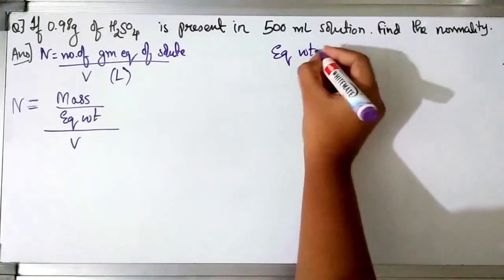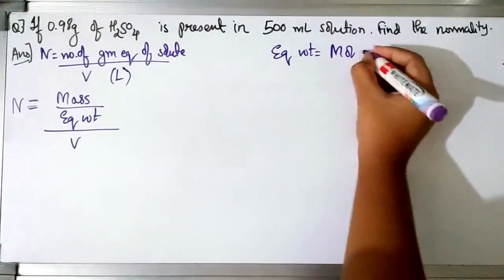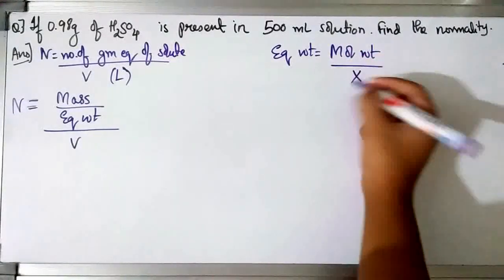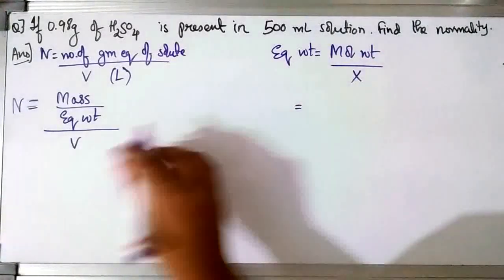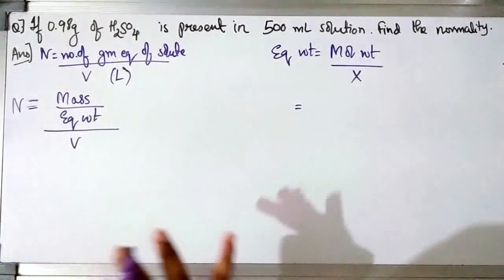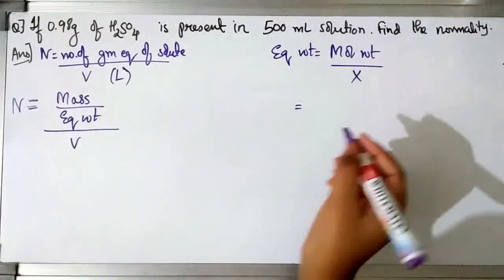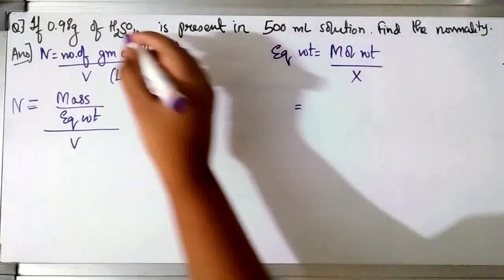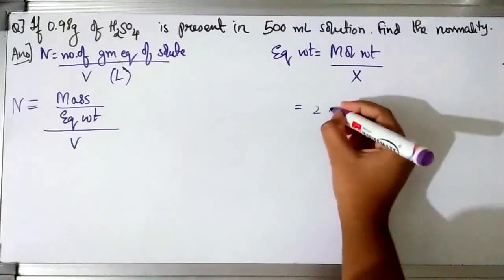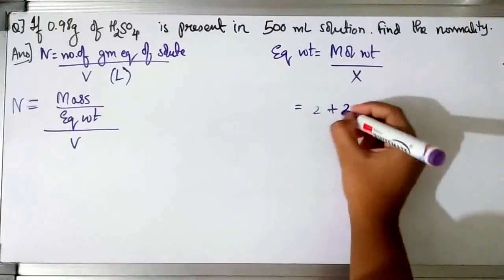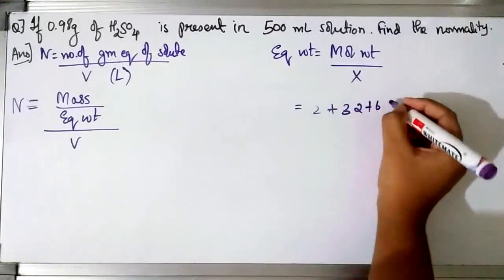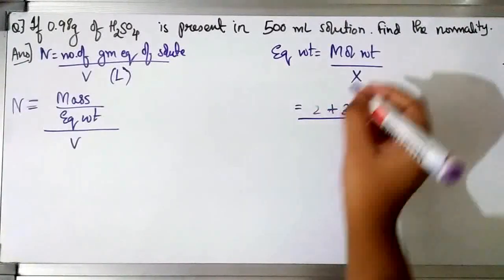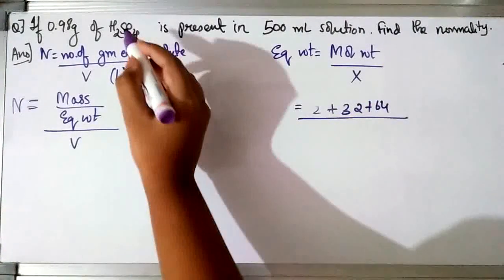Now the formula for equivalent weight is equal to the molecular weight upon X. We have discussed the equivalent weight and molecular weight in our previous video, so go and check it out. Now the molecular weight of H2SO4 will be equal to 2 plus 32 plus 64, which is 98, whole by X. X is the valence factor of H2SO4.